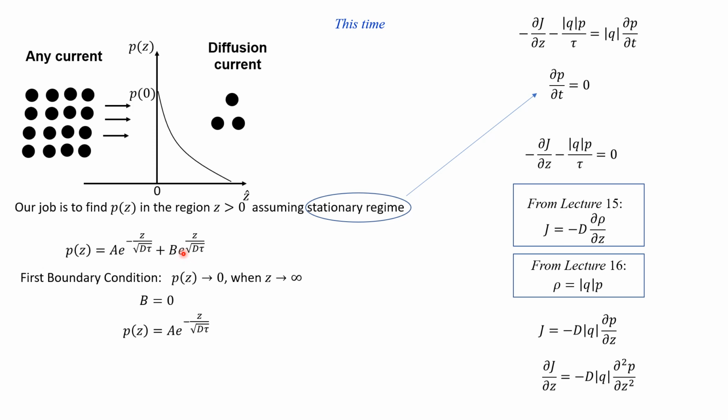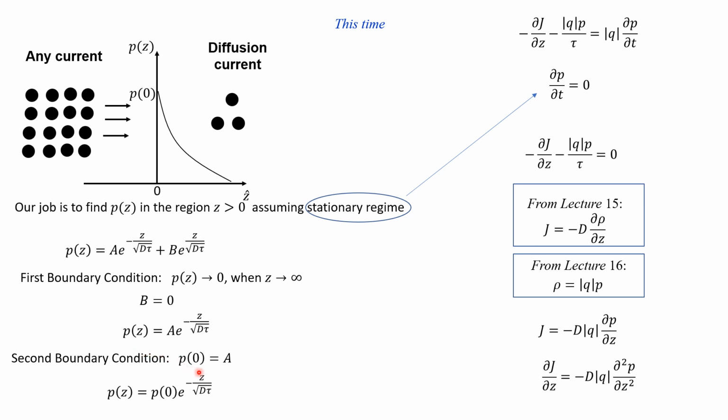Now, since the exponential here has a positive term, as z goes to infinity, this term will blow up. So to avoid that, we need to have B equals 0. So B equals 0 is the condition we get from our first boundary condition. So using the first boundary condition, our expression is reduced to this term with only one exponential.